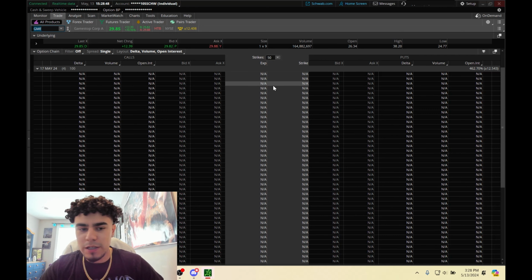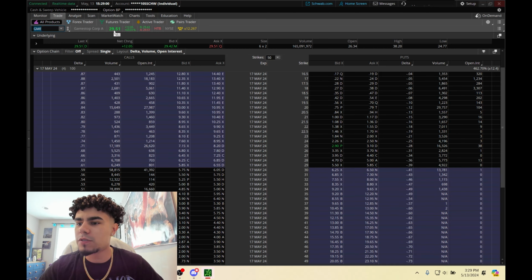So they're pricing in, by the time this expiration hits, a $12.50 move, which doesn't sound like a ton, but when you come to what the stock is actually trading at, $30, that's almost 50% of the stock. That's probably about 40% of the stock. So they're pricing in that this stock by Friday close is going to move up or down by 40%.